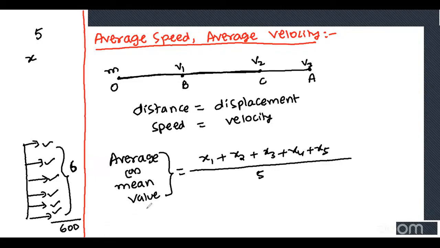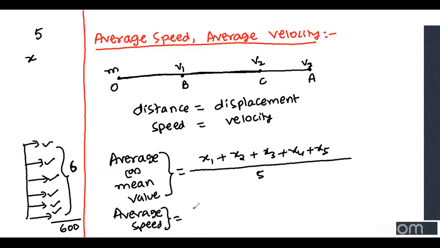Similarly, here I need to find average speed. Speed we indicate with C, so I write C average.